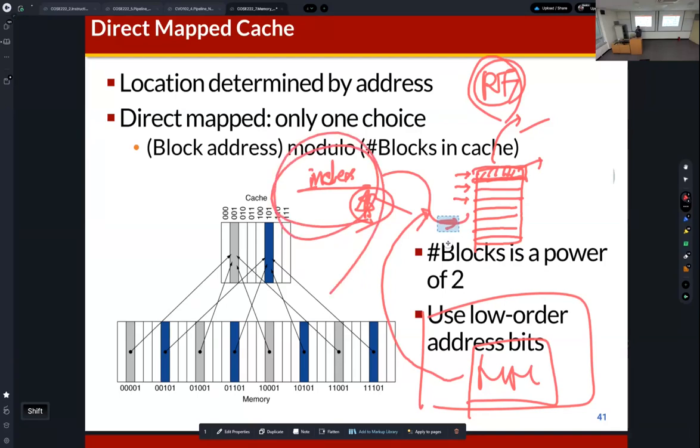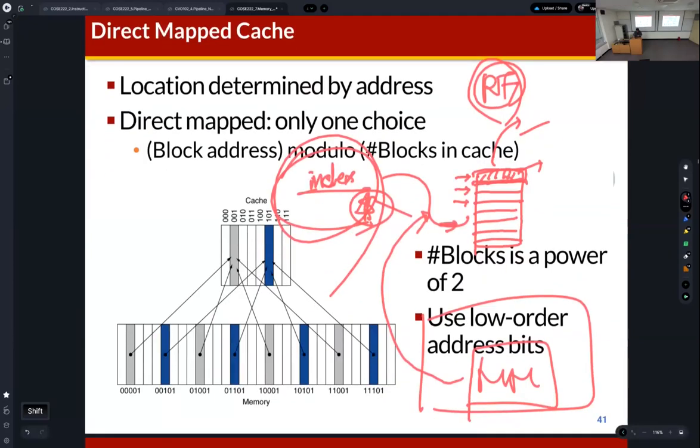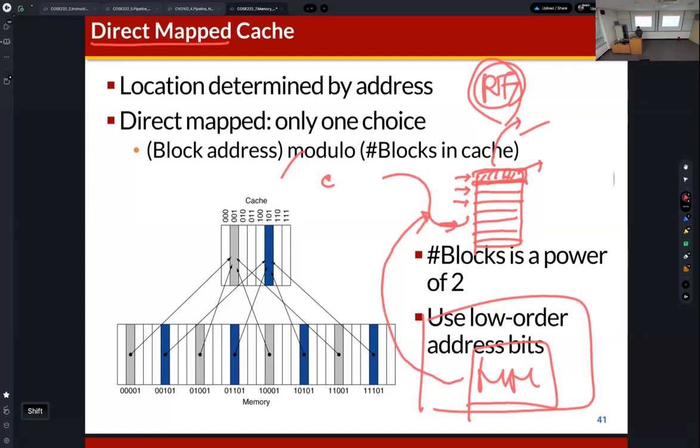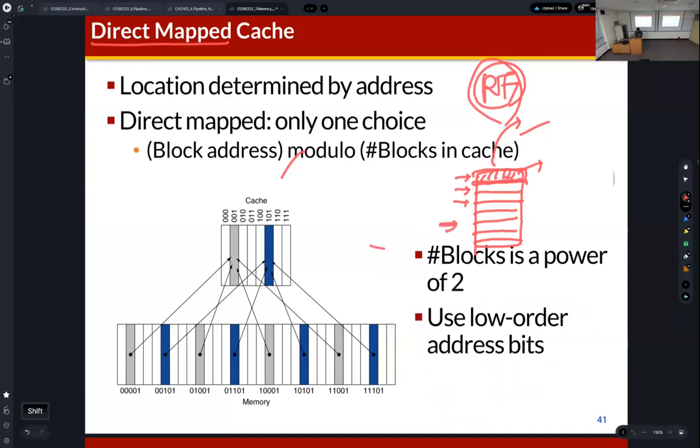And how? There are several ways. Okay. There are several ways, but this time I will explain about the direct mapped cache. I mentioned that there are several approaches that decide the cache indexes, but firstly I will explain about the direct map.